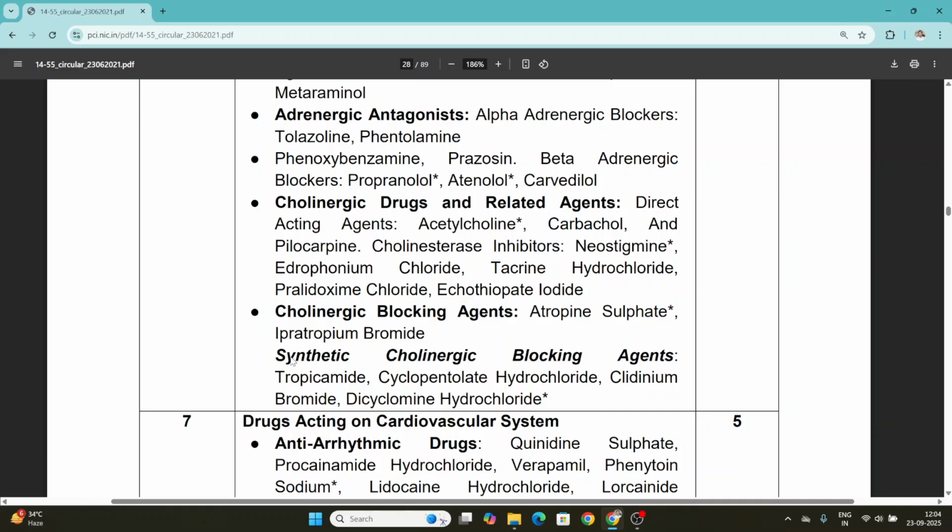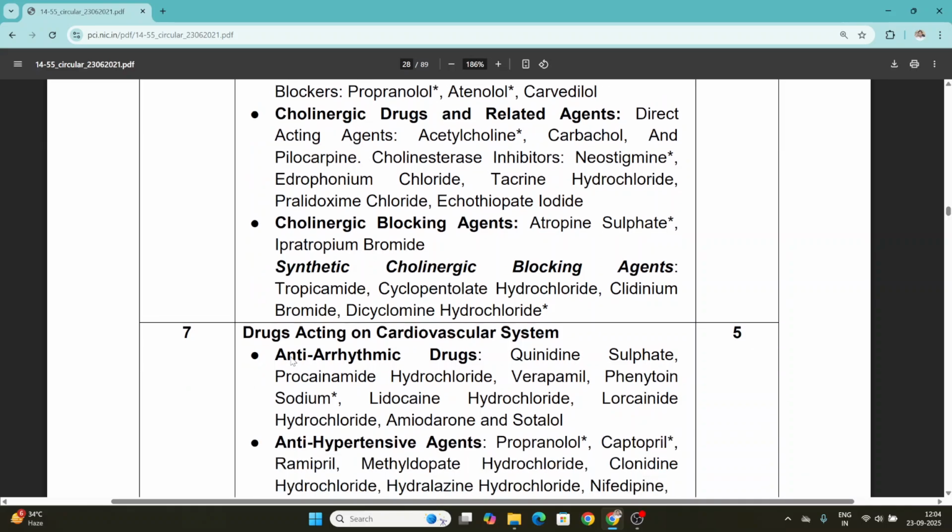Cholinergic blocking agents: atropine sulfate, ipratropium bromide. Synthetic cholinergic blocking agents: tropicamide, cyclopentolate hydrochloride, clidinium bromide, dicyclomine hydrochloride.